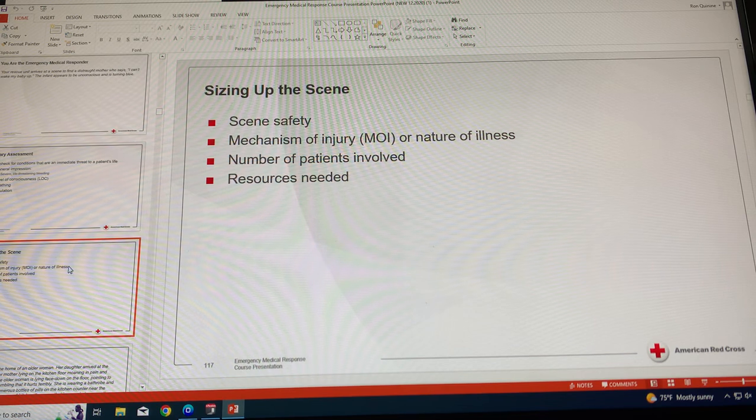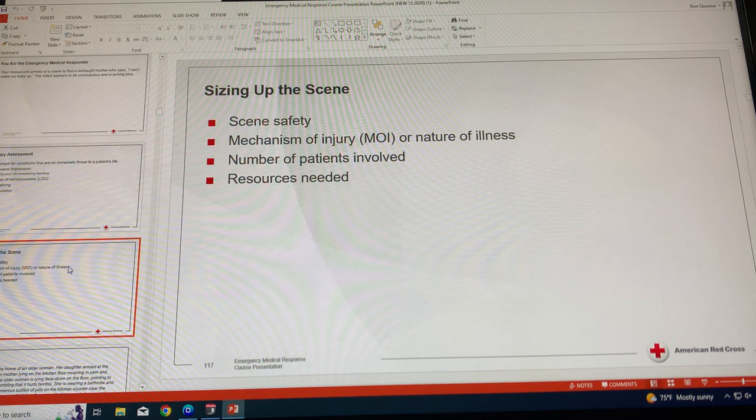A primary assessment should never occur until after the scene size up. The 4 main components to consider during a scene size up include: number 1, scene safety. Number 2, mechanism of injury or nature of illness. Number 3, the number of patients involved. And number 4, the resources needed.